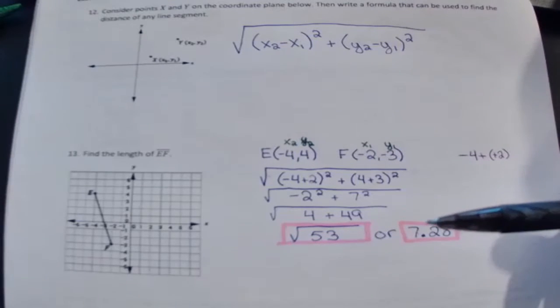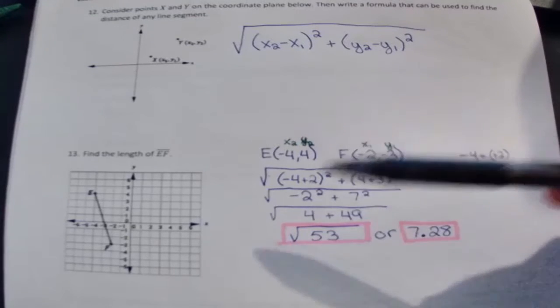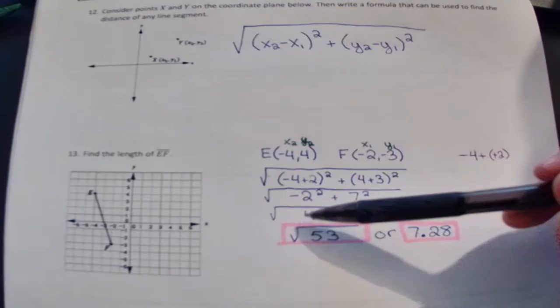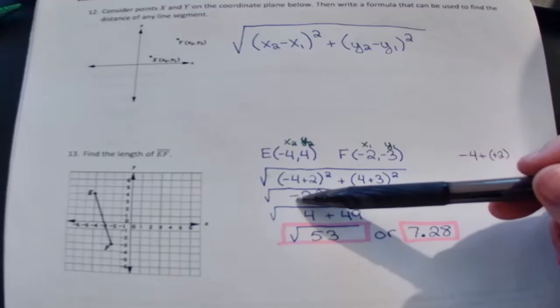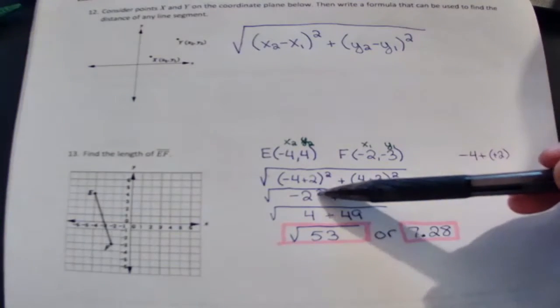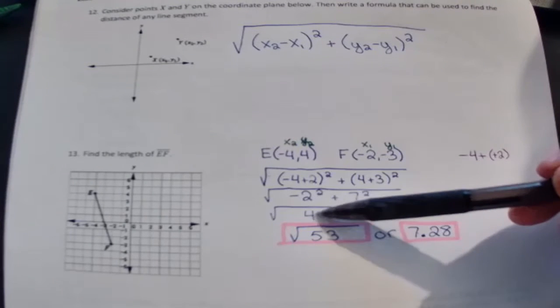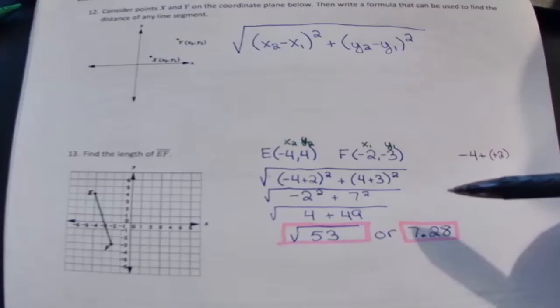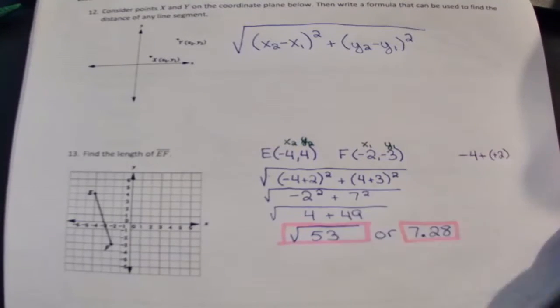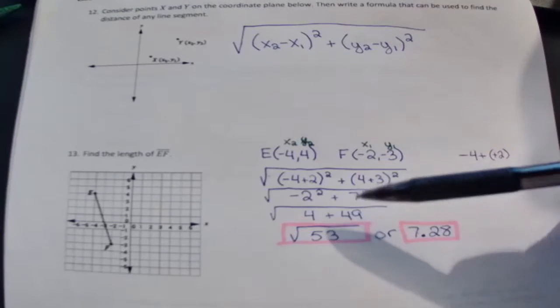Now the biggest mistake that I tend to see throughout the years is people will still have this negative, but if you do negative 2 times negative 2, which is what something squared means, it would come out positive. So a lot of times people will put it wrong in the calculator whenever they're squaring, and that's why they seem to get the wrong answer.